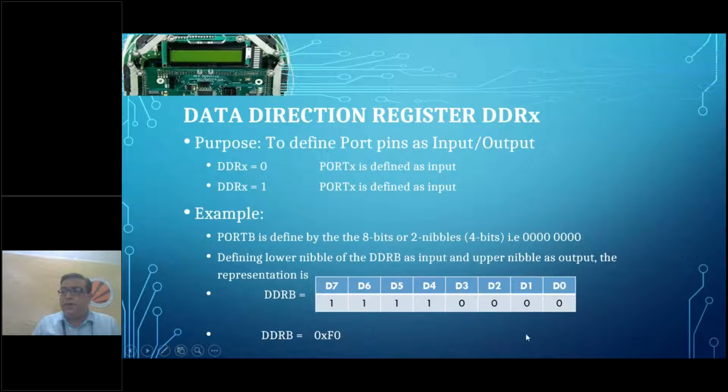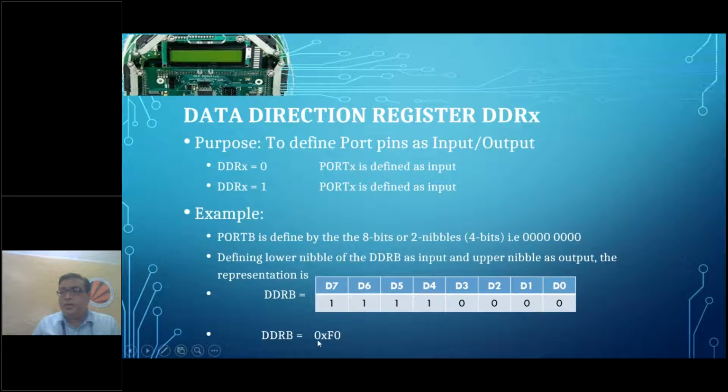Now this complete arrangement is represented in the hexadecimal number system. The value of DDRB is now 0x, which is prefixed to any hexadecimal number, meaning whatever follows is a hexadecimal number.